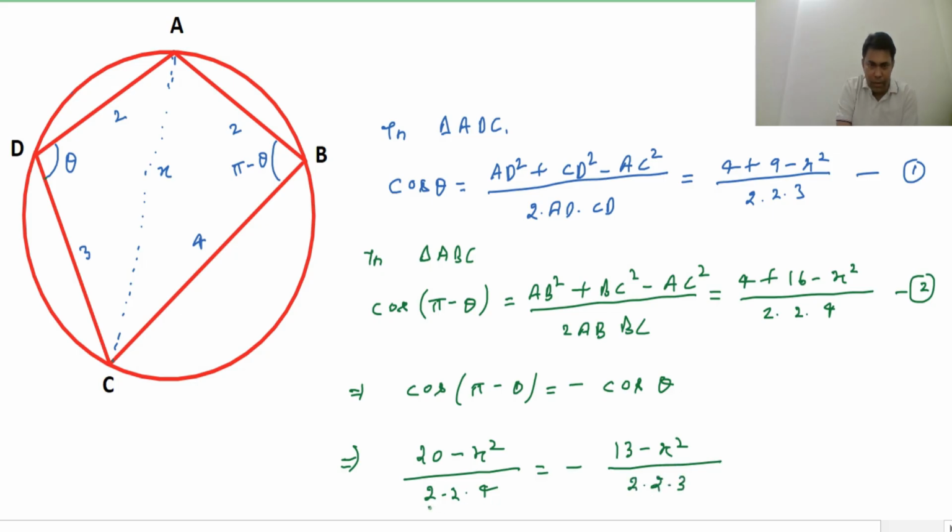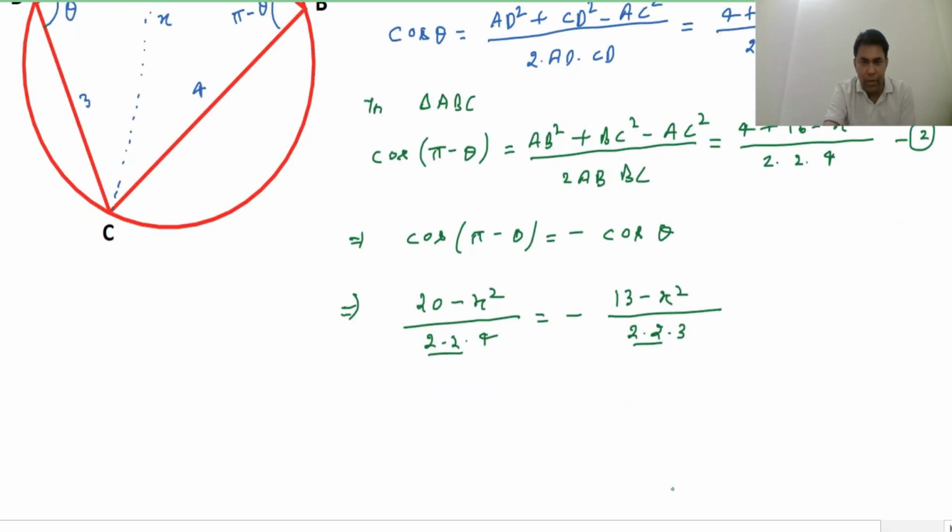From here these two quantities will be cancelled out, and further if we cross multiply, we can write 3 times 20 minus x square is equal to negative of 4 times 13 minus x square.